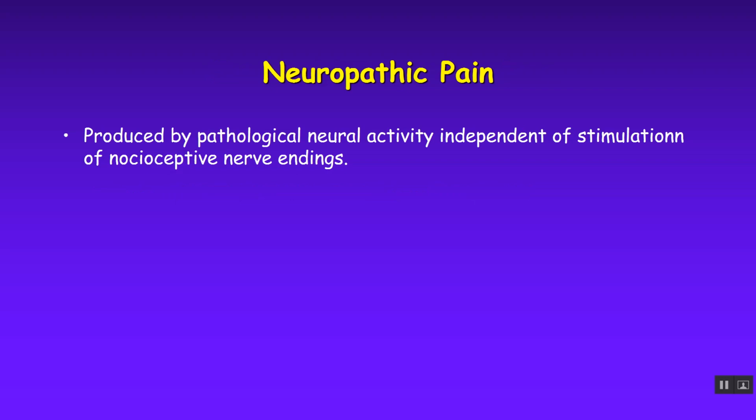Versus neuropathic pain. Neuropathic pain is produced by a problem or misfiring of the nervous system independent of stimulation of actual nociceptors. So let's say somebody has a gangrenous limb and they've got a wound and it's destroying tissue. The person's having pain.